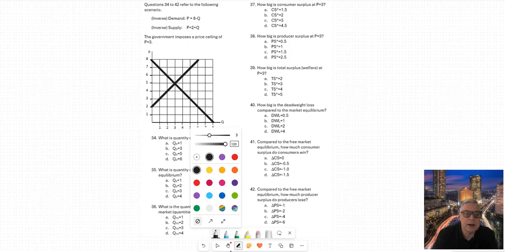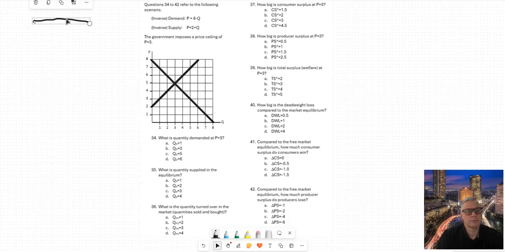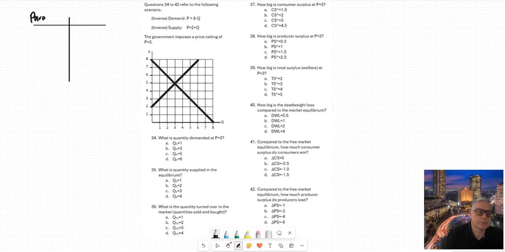And then again, we still remember from the earlier one that in the market equilibrium, the price was 5, equilibrium quantity was 3, and consumer surplus was 4.5, producer surplus was 4.5, so total surplus or welfare was 9.